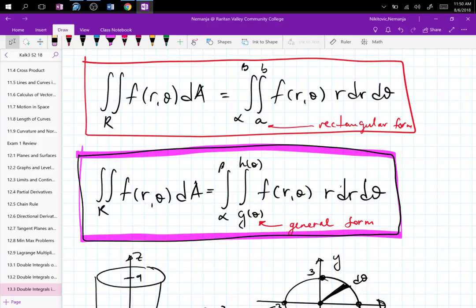If you have something like a pipe that is hollow inside, so you have two circles, so there is a thickness to the object, then you will have the inner radius r, which would be your lower limit, and your outer radius r, which would be your upper limit.